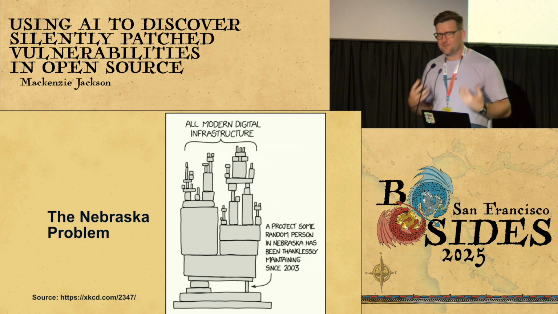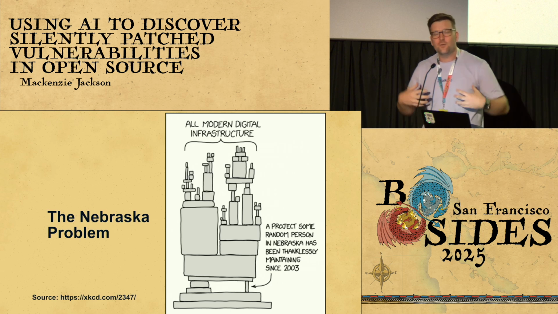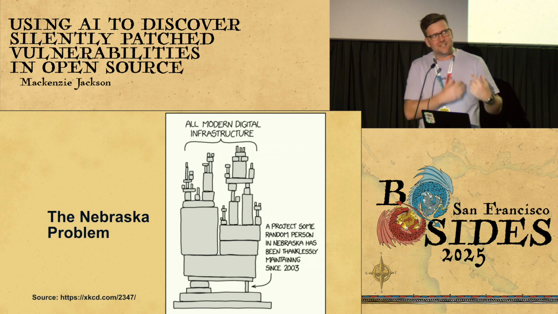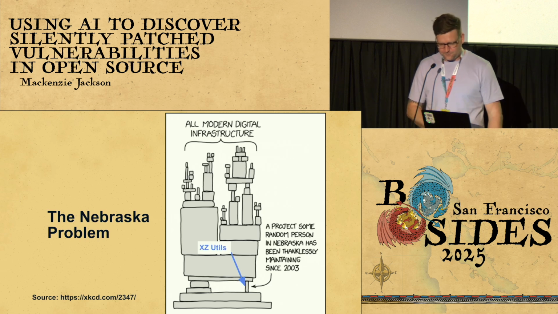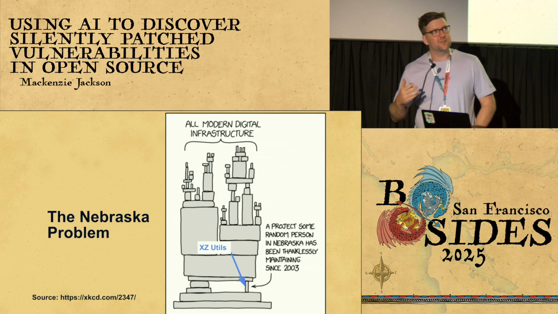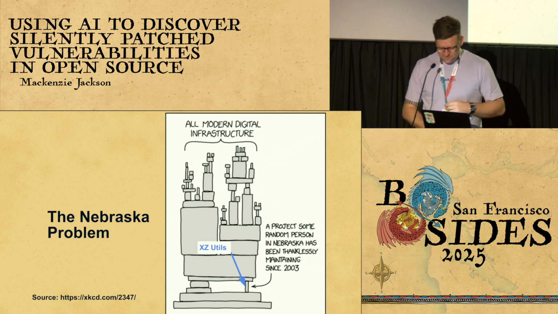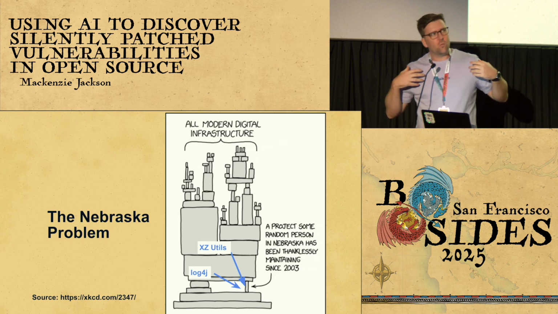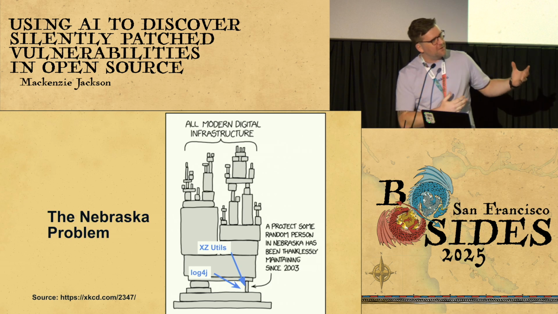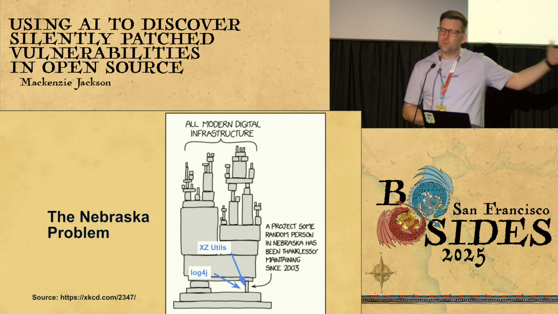And the Nebraska problem basically describes this, that everything's so convoluted and linked together, and we don't actually understand what's holding everything up. And we can see examples of this in Utilis, where we were this close to the whole internet crashing or being vulnerable. Also in log4j, this meme is so accurate that we even know exactly what these components are.